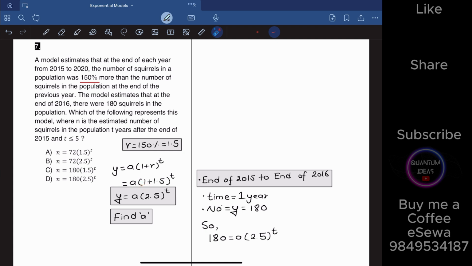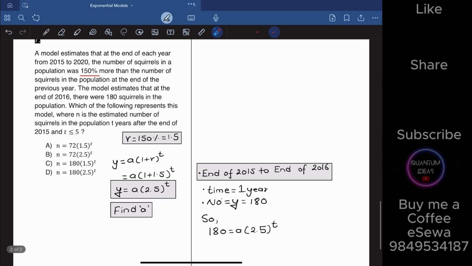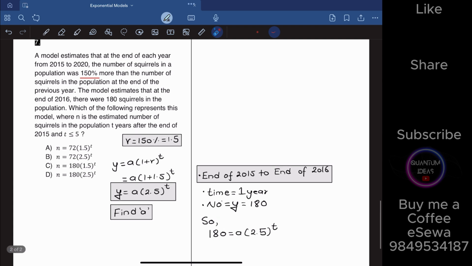And 1 plus our rate is 1.5, and this is the time, there should be no problem. If you simplify you get y equals a times 2.5 to the power t. Our main challenge is to find the value of a. How to find the value of a is quite important, and there is a hint given below, so you have to understand it very carefully.